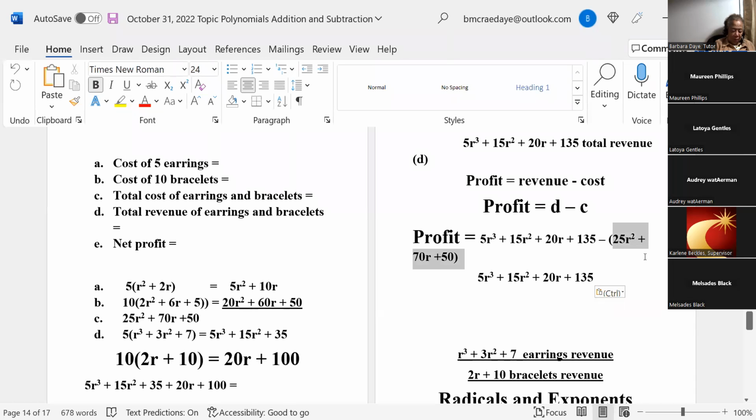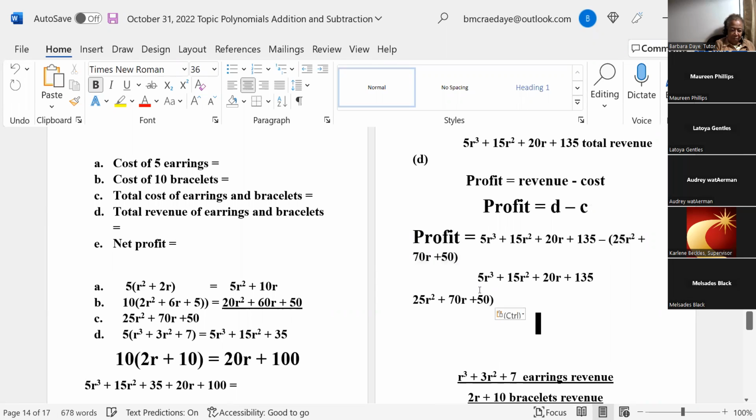It'll be 25R squared under 5R cubed. Okay, now let me just line this up for you. So you're subtracting this. Go straight down. Yes, there we go. Good. I can line it up for you, make it easier.